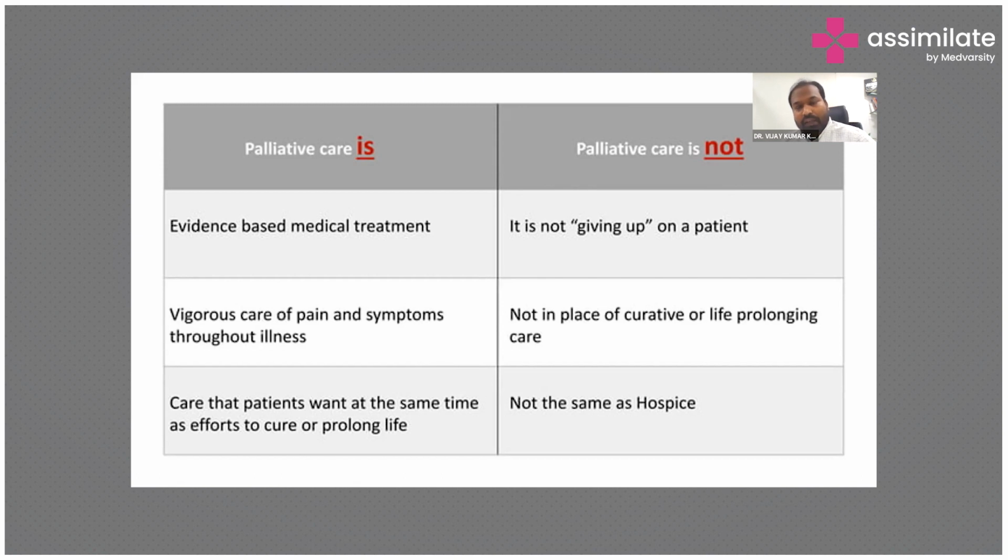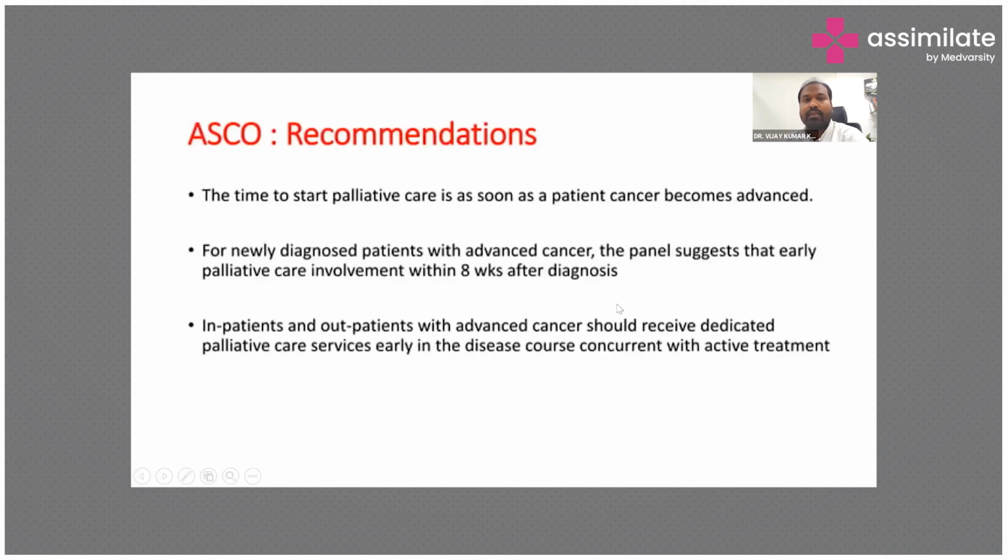Even if the patient is taken for palliative care, we do give the patient options for some form of cure. We give palliative therapy, which includes palliative radiotherapy, palliative chemotherapy, and sometimes palliative surgery also. But palliative care is not giving up on a patient. It is not in place of curative or life-prolonging care, and it is not the same as hospice.